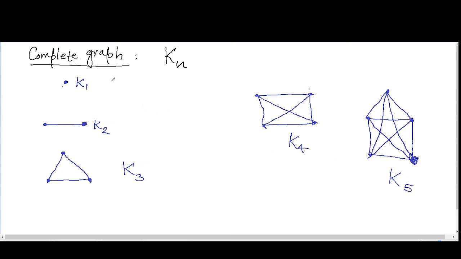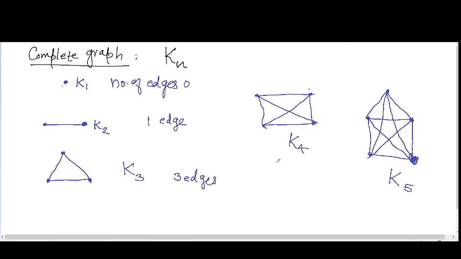Now, in K1, you can see that there is no edge. The number of edges is 0, and the number of vertices is 1. Now, in K2, the number of edges is 1, only one edge. In K3, there are 3 edges.